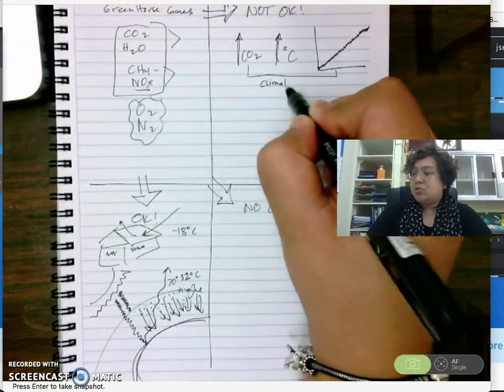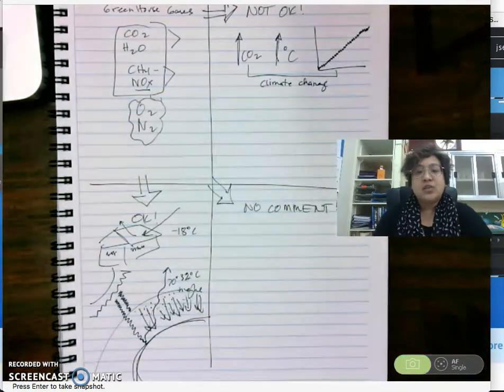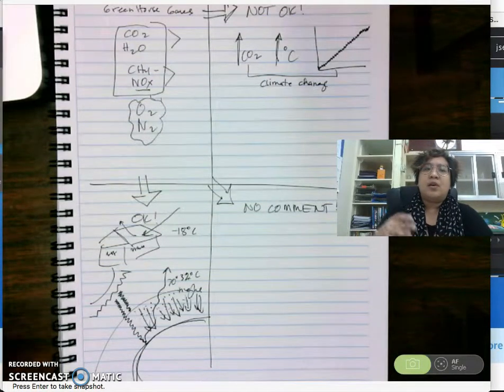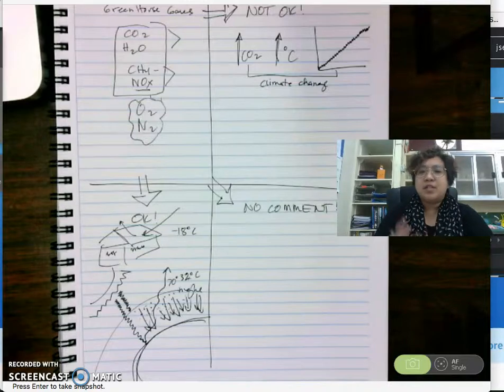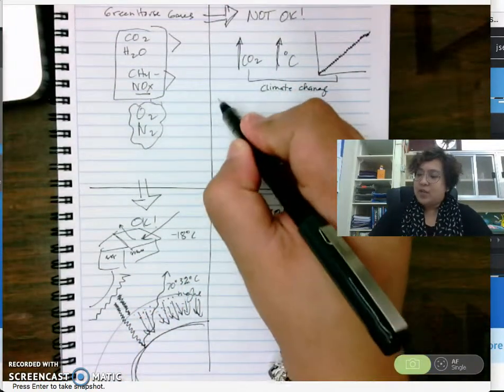Once upon a time it used to be called global warming, but then scientists cannot actually predict the exact effect of climate change. It depends on where the area is located, the availability of water, amount of CO2 in the atmosphere, etc., etc. But it's not okay, and here are the different effects that we can see.